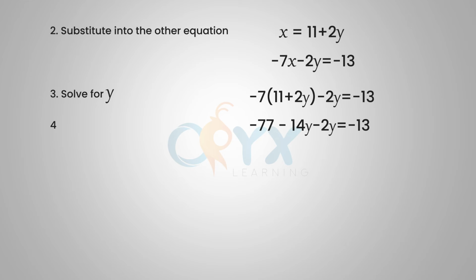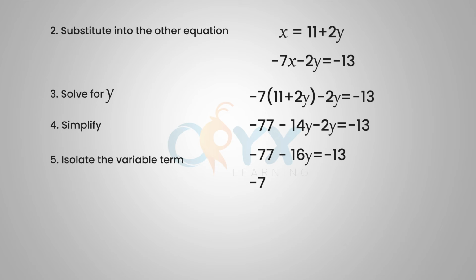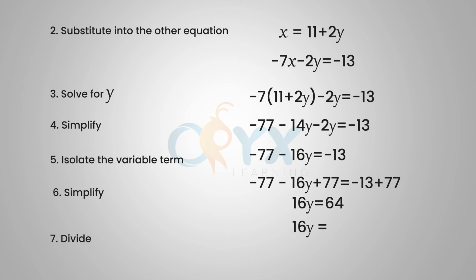Combine like terms and simplify, and we get negative 77 minus 16y equals negative 13. To isolate the variable, the inverse operation of subtraction is addition, so I can add 77 to both sides of the equation. This leaves me with negative 16y equals 64. Next, I'll need to divide by negative 16 on both sides of the equation, which leaves me with y equals negative 4.